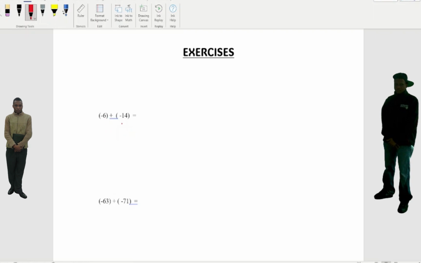My advice to you, just think, when you look at the notes I showed you guys at the beginning, you're gonna understand. We're gonna add the numbers and keep the sign after, since we have two negative signs.